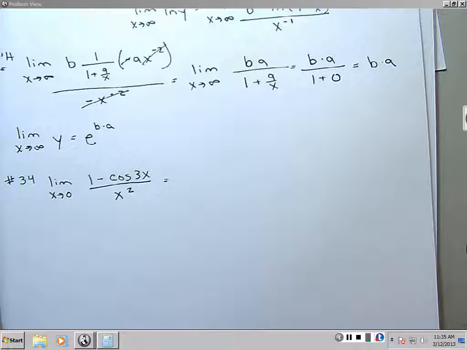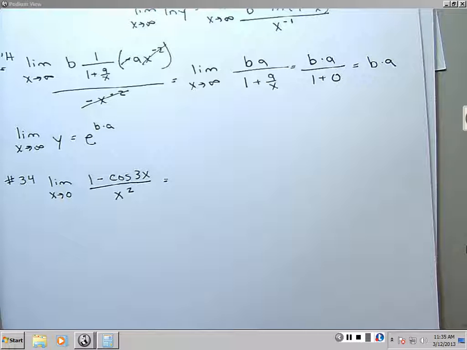If I take the derivative of the top, what do I get? That will be 3 sine 3x. The derivative of the bottom, 2x. So if I plug in 0, I still get 0 over 0. But at least I know I'm kind of going somewhere, right? So if I apply it again, what do I get?